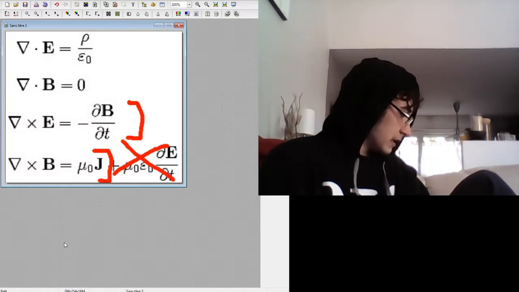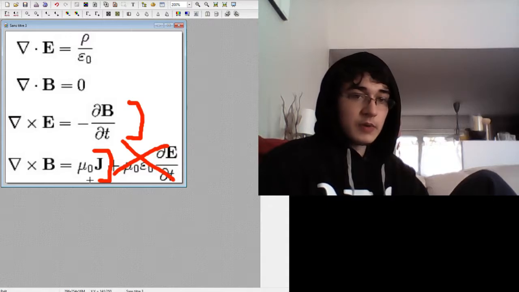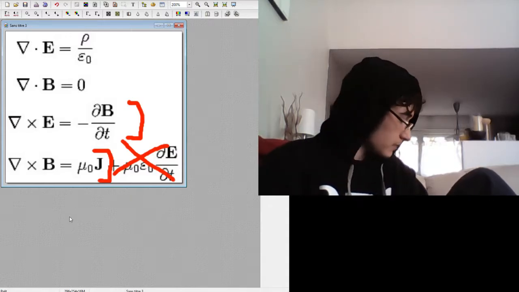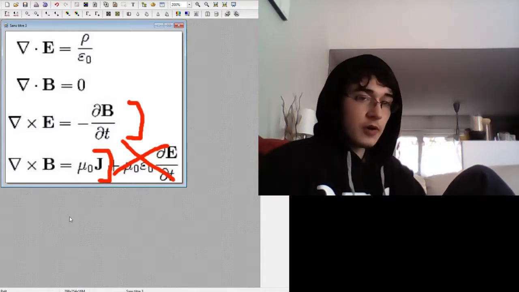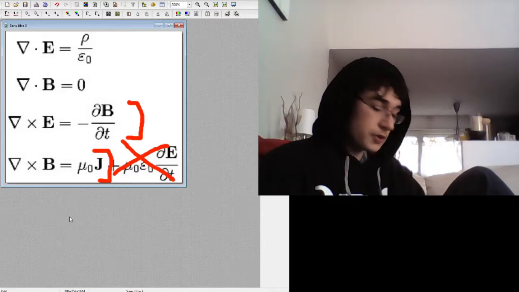And you can pretty much rewrite it by doing a combination of this, but it's kind of boring, with the gradient, the Laplacian of V, where V is the electrostatic potential.